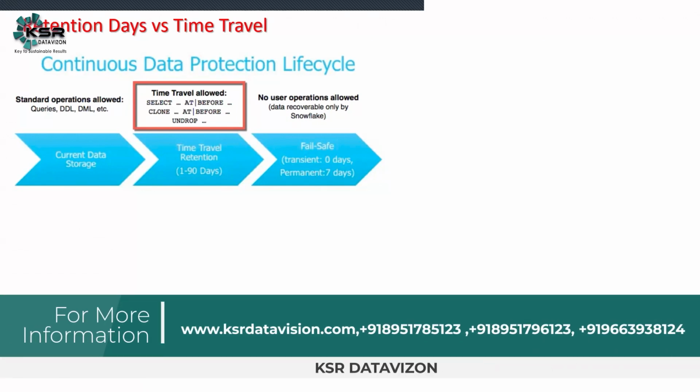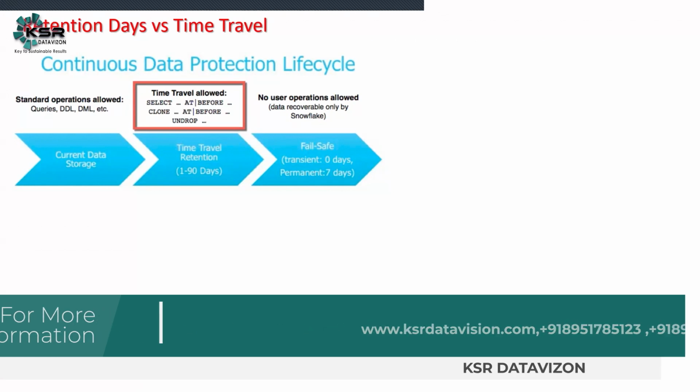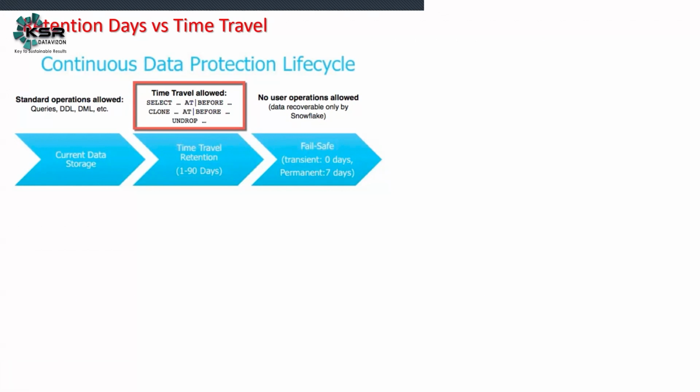Whereas retention is usually in our banking domain, where we have a time period for how long a document or a record should be present, and we need to delete the record after some time frame. For example, after 2 years that record should be deleted. That is where retention comes into the picture.